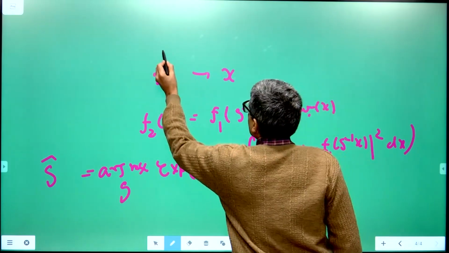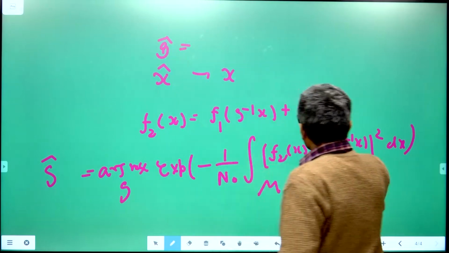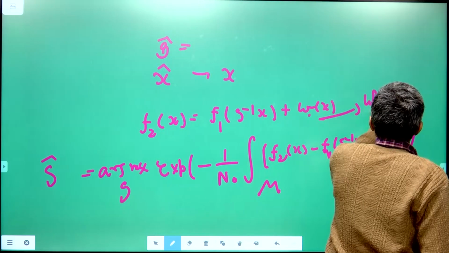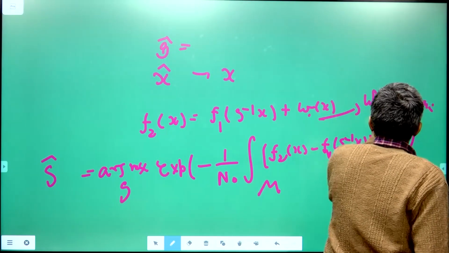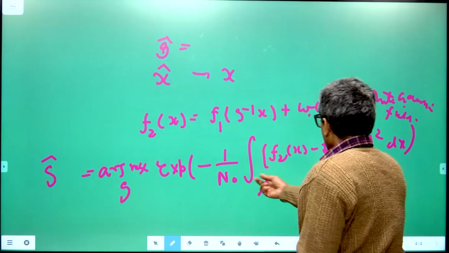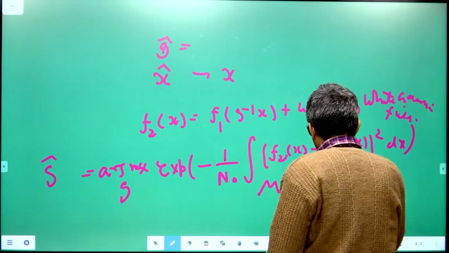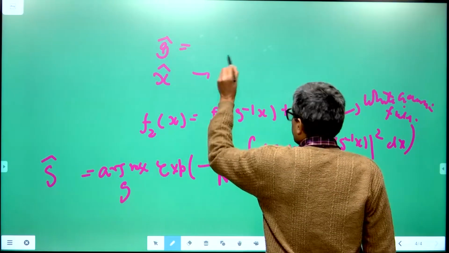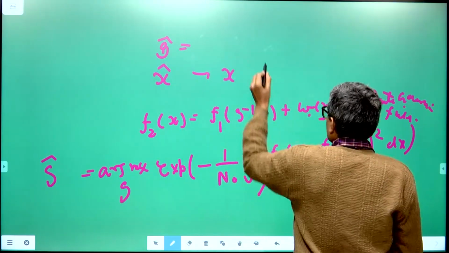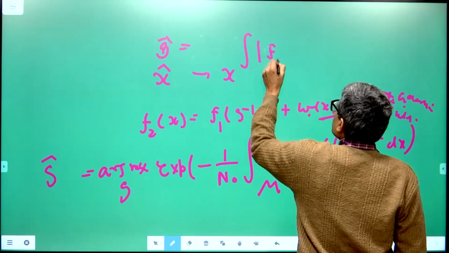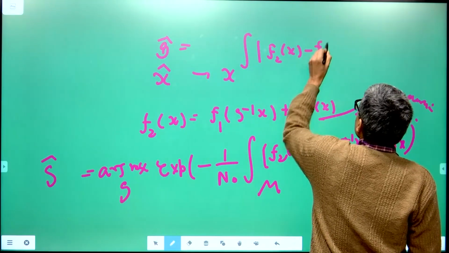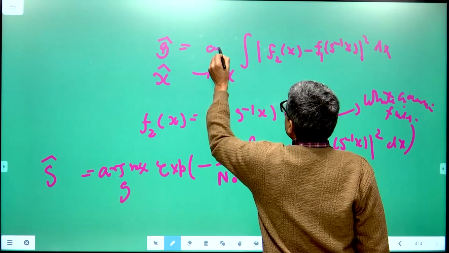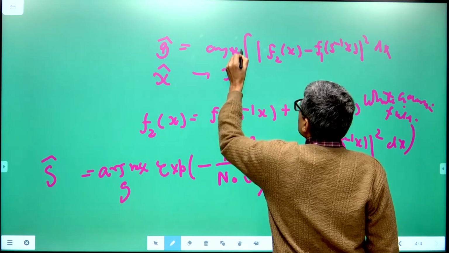In this case W0 is a white Gaussian field, that is why you get this. If it is a colored Gaussian field, then this will be replaced by a quadratic form. So in the case of a white Gaussian field, the best estimate of the group element G is the arg min over all G of the integral of mod square of F2 of x minus F1 of G inverse x, dx.